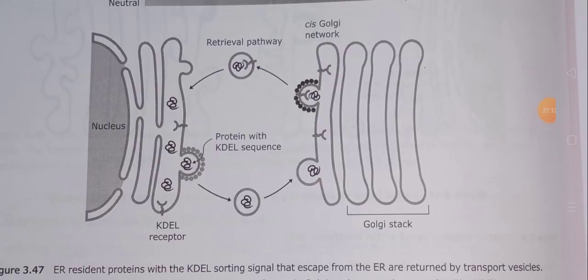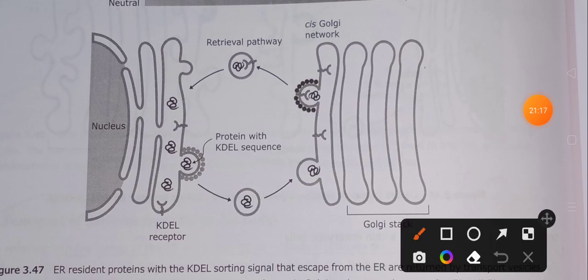So not only that, for the transmembrane proteins, there is a special type of sequence having two lysine residues at the C terminal. So that's the idea of how resident proteins are retained in the ER lumen, and if they are somehow transported to the cis Golgi, how they can be retrieved.